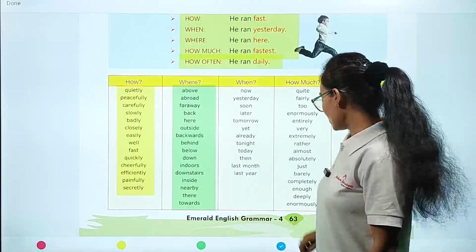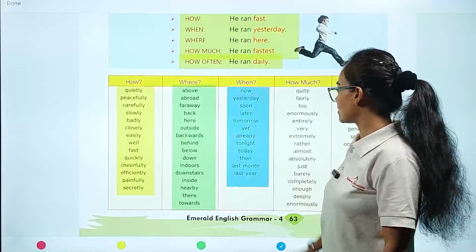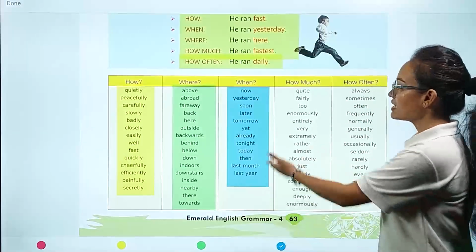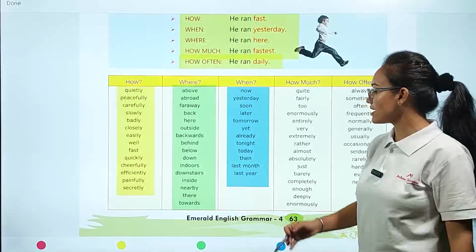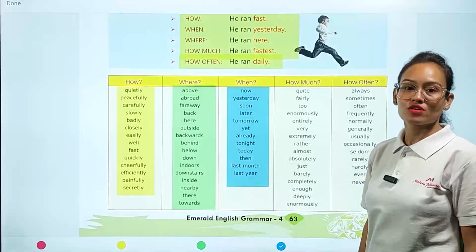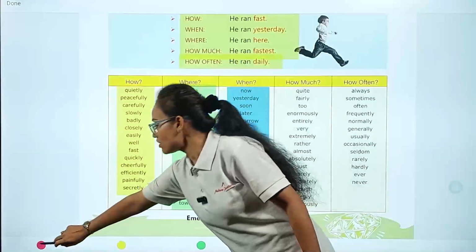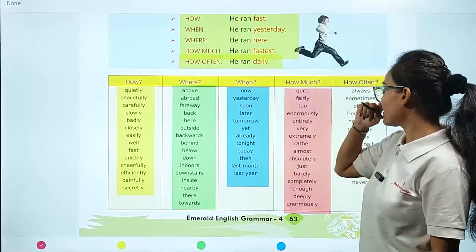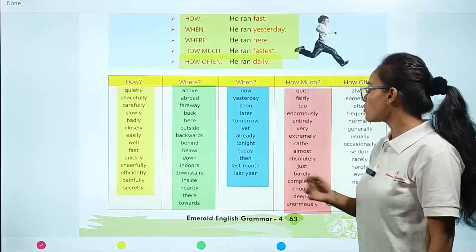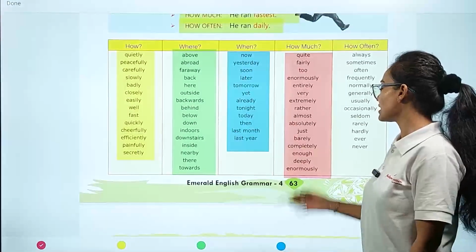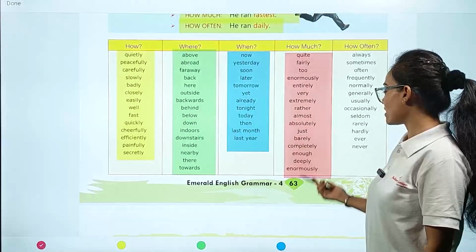Now the third category is when: now, yesterday, soon, later, tomorrow, yet, already, tonight, today, last month, last year. That means when the action is performed. How much is the action performed? Let's see: quietly, fairly, too, enormously, entirely, very, extremely, rather, almost, absolutely, just, barely, completely, enough, deeply.